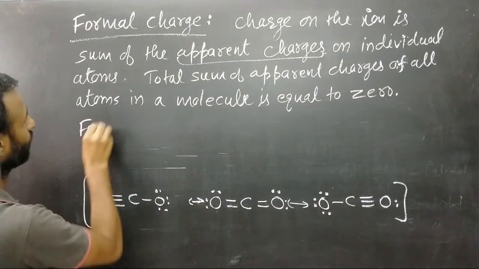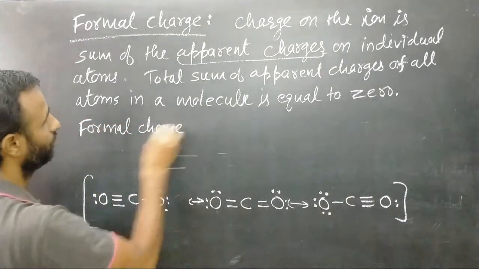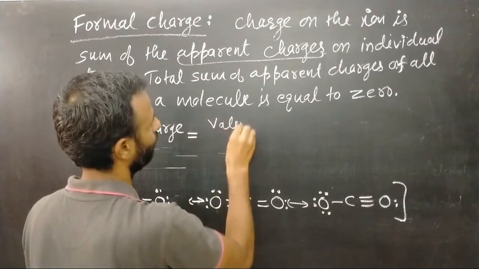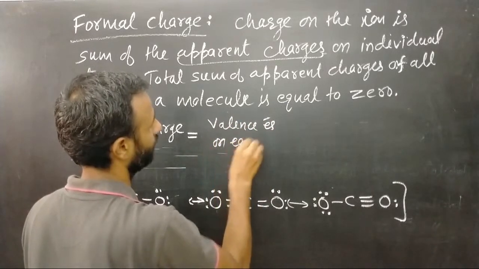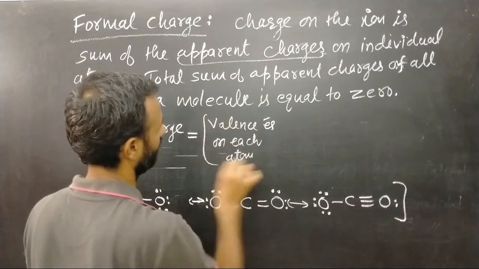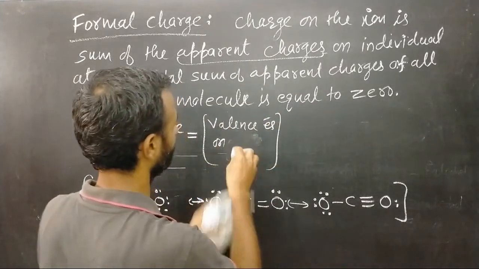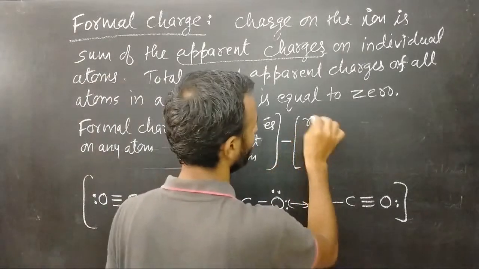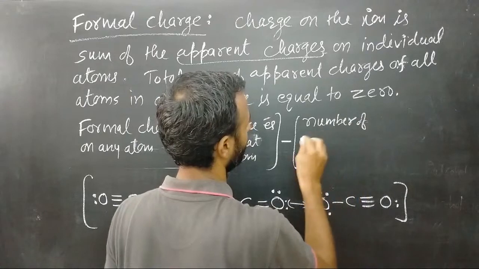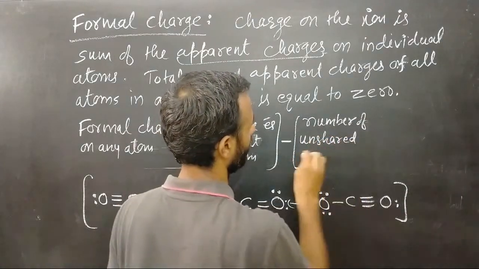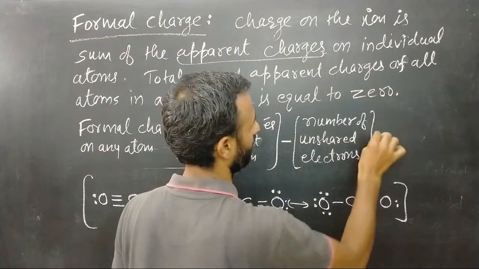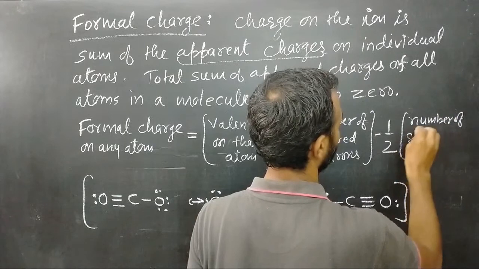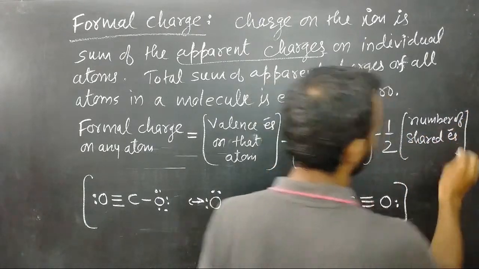So formula for formal charge is: formal charge on any atom is equal to valence electrons on that atom, minus number of unshared electrons, minus half of number of shared electrons.